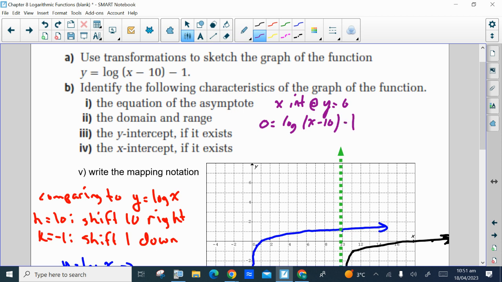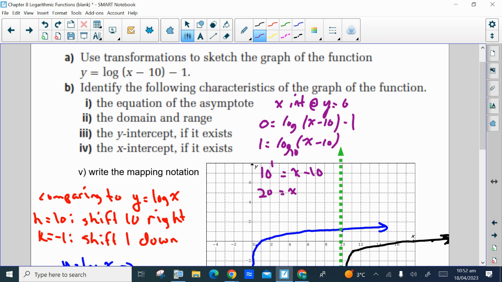I would get the log by itself by adding 1 to both sides. Then I would convert from logarithmic to exponential. This log has a base of 10. If we start with the base and cycle through, it'll be 10 to the 1 equals x minus 10. And then when you add 10 to both sides, there you get your x equal 20.